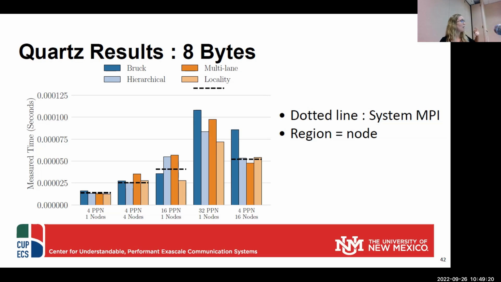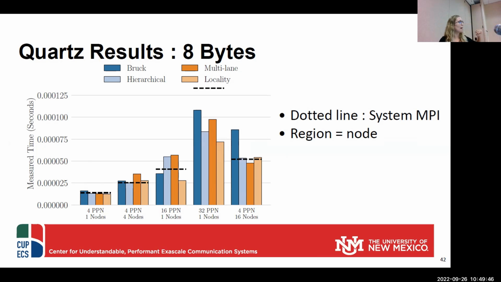This is looking at a different number of nodes and also some different numbers of processes per node. So we have 4 processes per node across 4 nodes, then 16 processes per node with 16 nodes. Sorry, that's not right. That's 16 nodes. 32 processes per node, there are 16 nodes, and then 4 processes per node with 16 nodes.